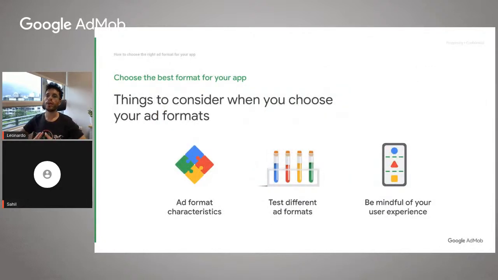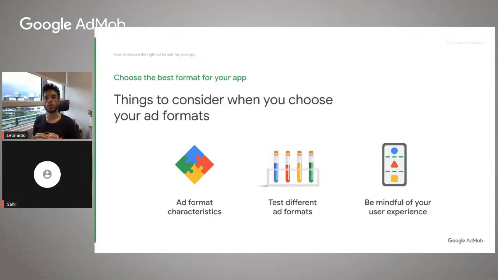So, what do we need to consider when you choose your ad format? Always consider the ad format characteristics which best fit with your app design, UI, and flow. It is really important that you test, especially when you just develop your app, and use data to understand what works best for your app and for your users.